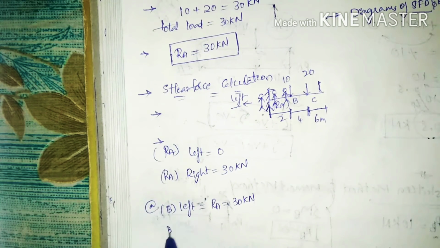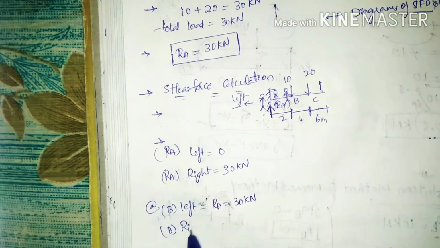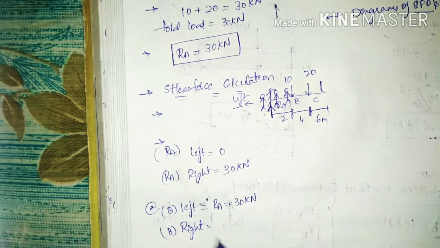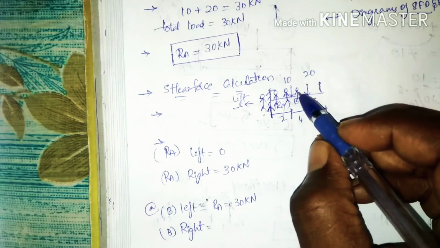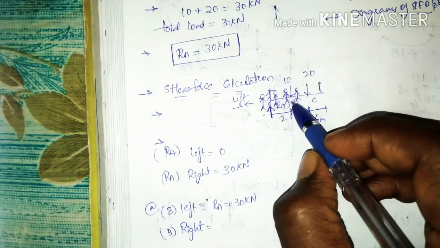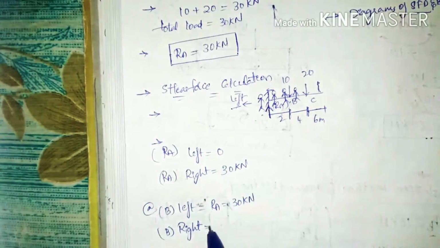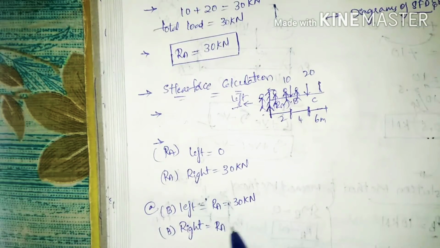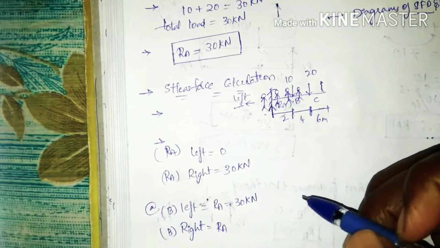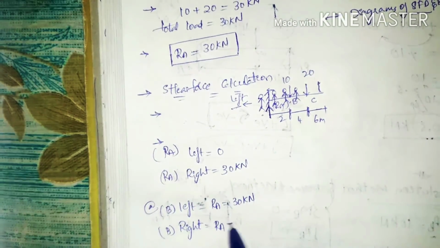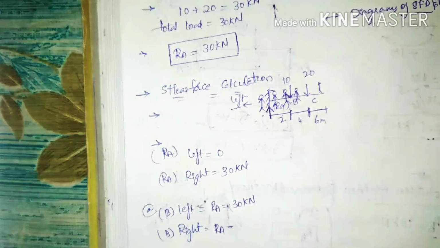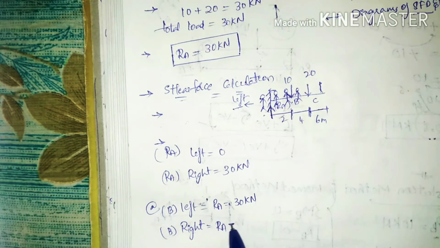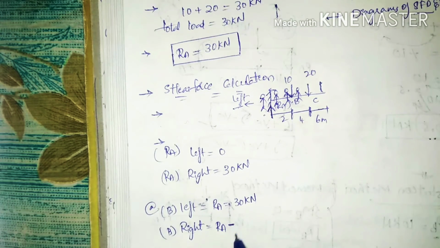At B, I stand just right of point B. I find the RA reaction in the upward direction, and one more load, a 10 kilonewton load, acting in the downward direction, so I take it as negative.